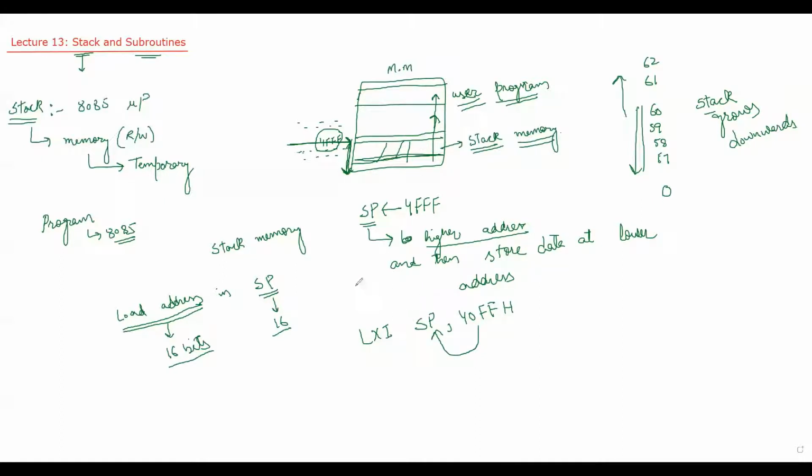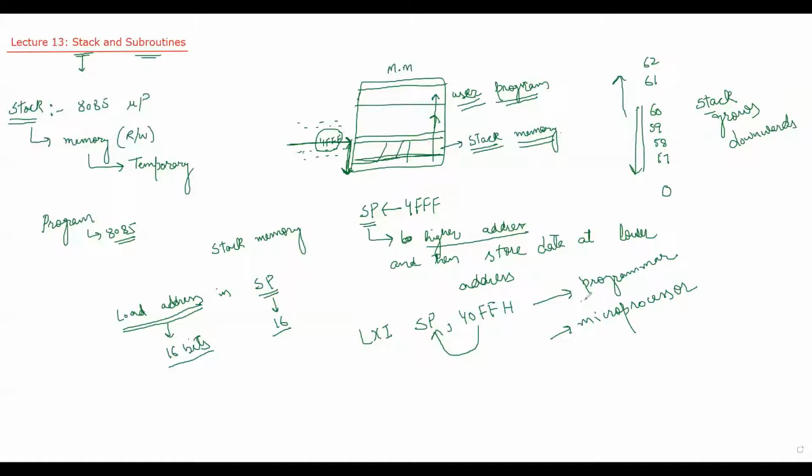After initializing a stack pointer, that means I have created a stack memory in my program. After initializing this, both the programmer as well as the microprocessor can then use this stack memory.